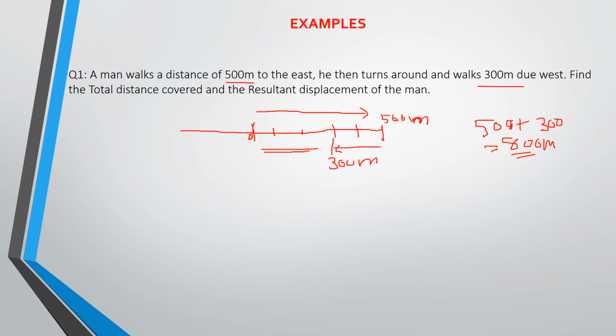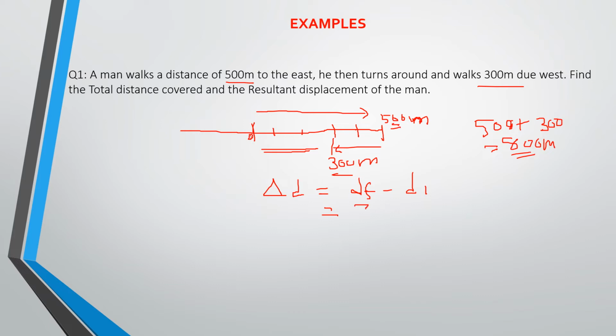Now for the displacement, using the formula that displacement is equal to d final minus d initial. Your d final is 300 meters, and your d initial is 500 meters.